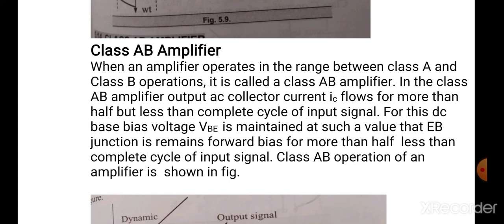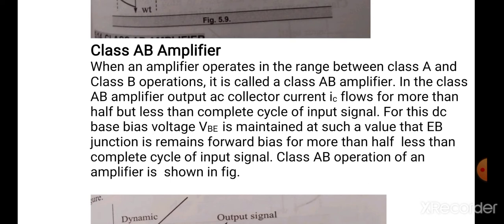The Class AB amplifier is operated in the range between Class A and Class B operation. It is called the Class AB amplifier.